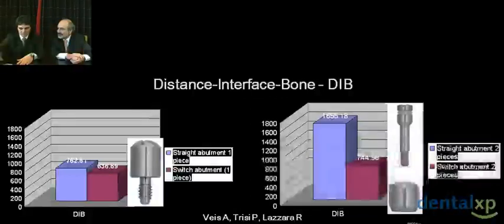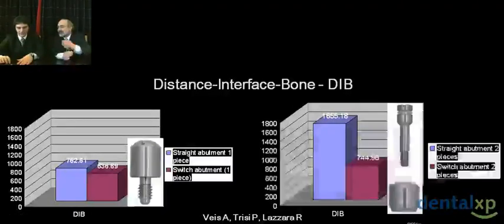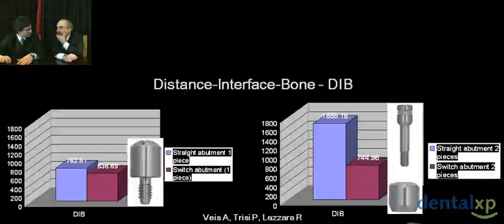But if you use a 2-piece abutment like this, then the switch platform can, of course, be very, very positive as compared to the straight abutment, where we lost 1.6 millimeter in 2 months because of bacterial leakage at the interface that induce inflammatory reaction at the connection interface between implant and abutment, and this caused bone loss.